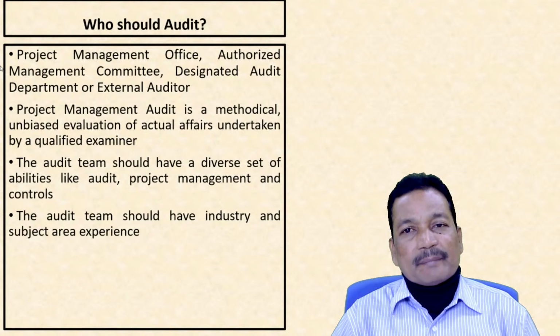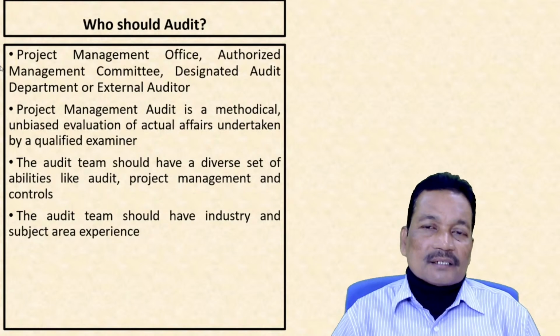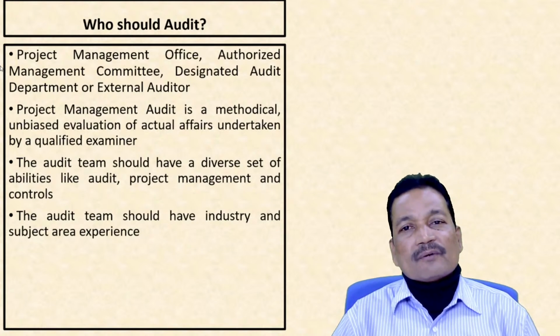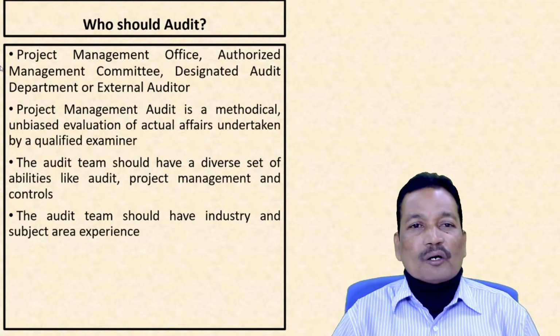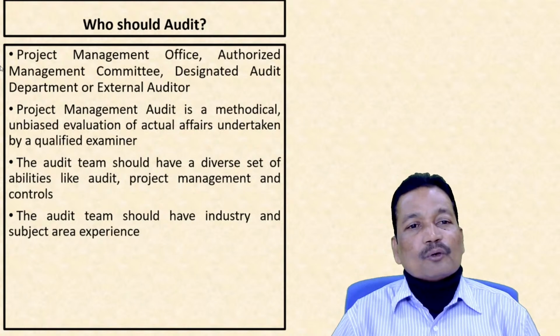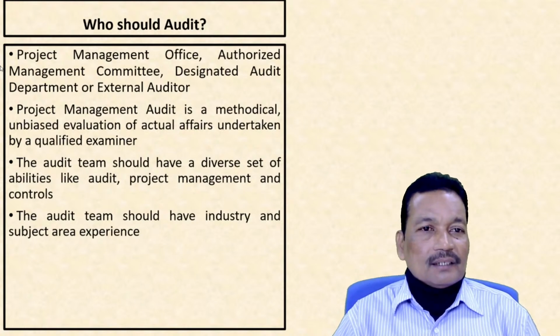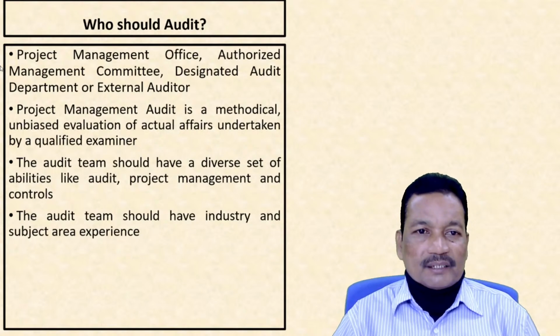Now the project management office will try to select various personnels from various functional areas and may assign that team to audit a particular project. So project management office can go for auditing any kind of project.